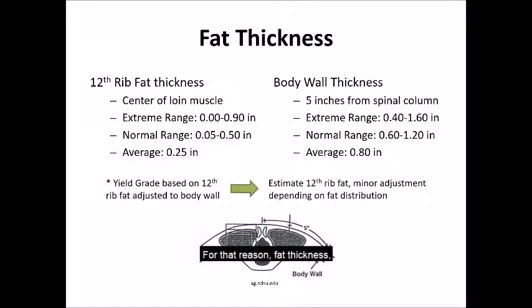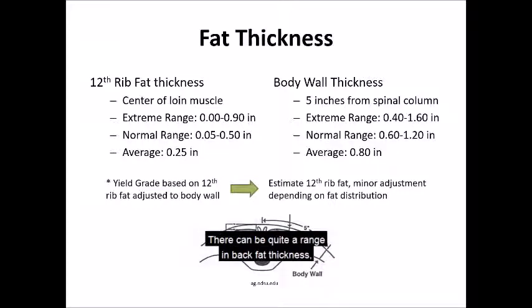For that reason, fat thickness, back fat thickness, is measured between the 12th and 13th rib, typically over the 12th rib, because that's what's hanging closer to the ground, or when the lamb is hung by its rear legs. That fat thickness is measured at the center of the loin muscle, as shown in the bottom image. There's an arrow on the right-hand side, the midpoint of that loin muscle, showing the back fat thickness, which is the distance from the outer surface to the edge of the muscle.